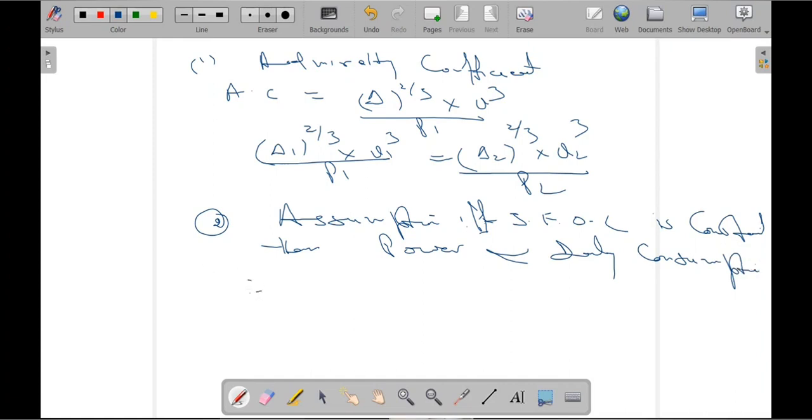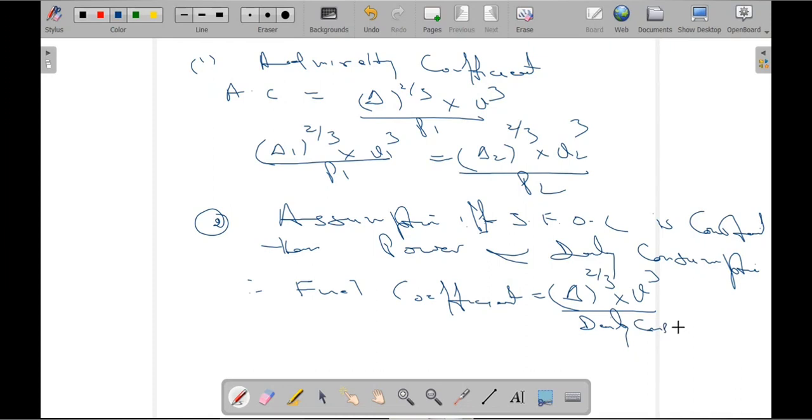and therefore we can write fuel coefficient is equal to delta raised to power 2 by 3 into V cube divided by daily consumption.